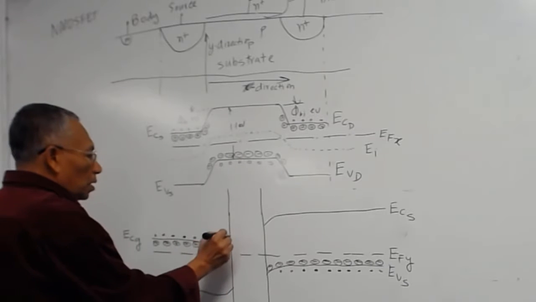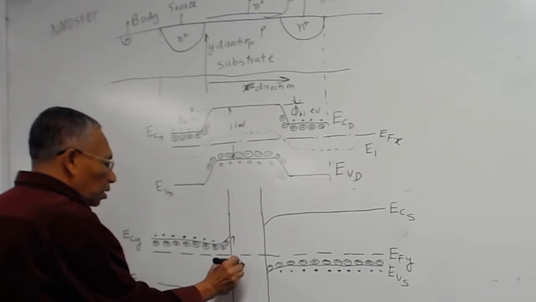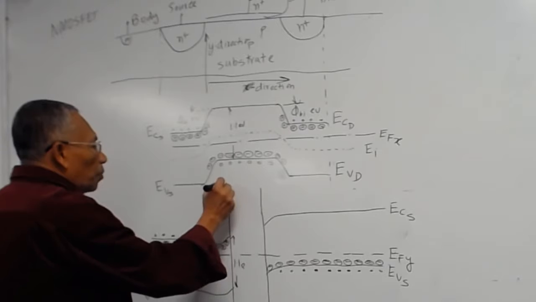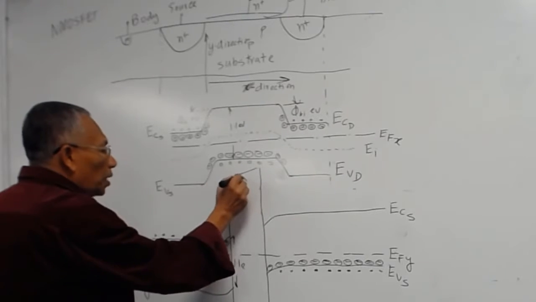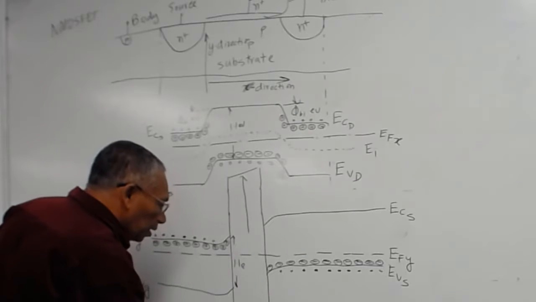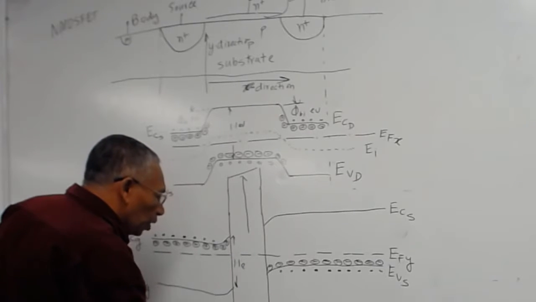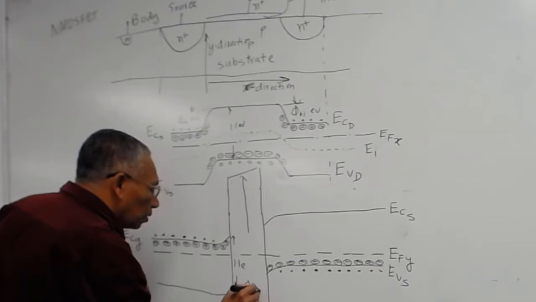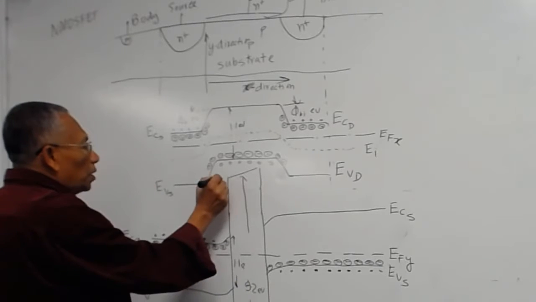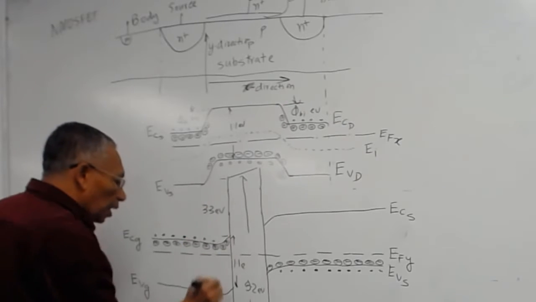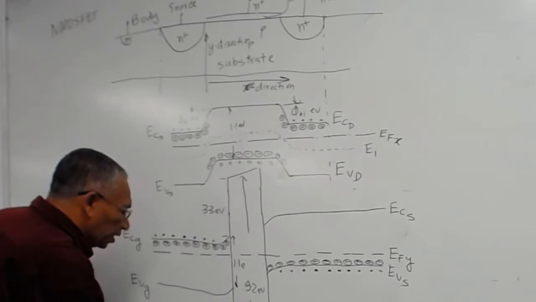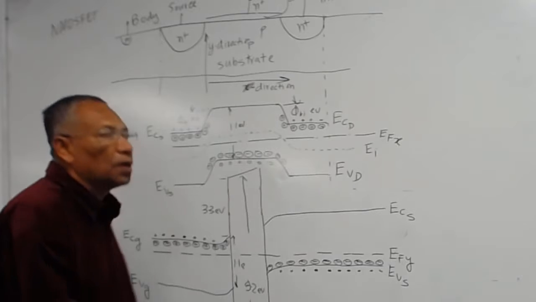This is 1.1 electron volts, and from here to here, this is a large gap. From here all the way to here is 9.2 electron volts, of which this part is 3.3 electron volts and this part is 4.8 electron volts.